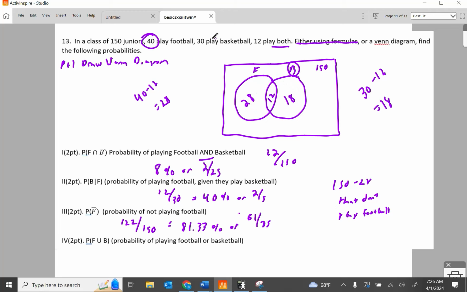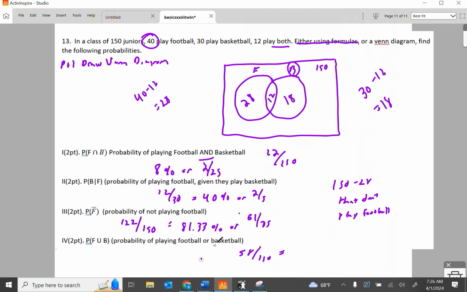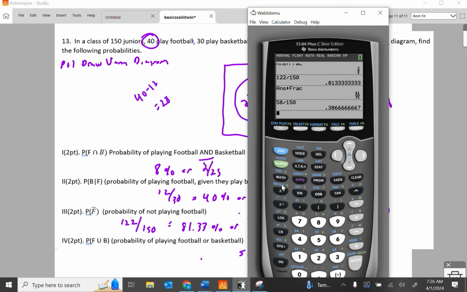There's 58 total here out of a total population of 150. About 38.67%. Or reduced fractions, 29/75.